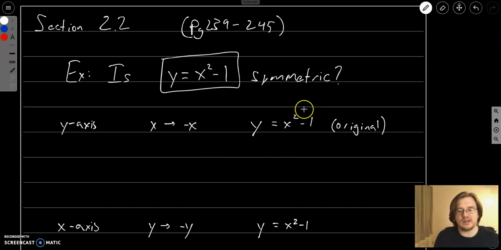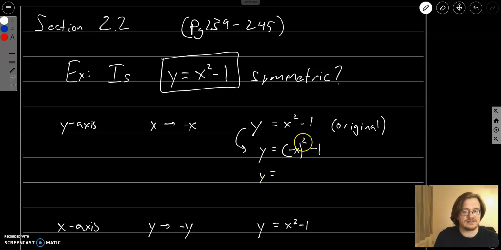So what we'll do is take our equation and replace x with negative x. Nothing happens to the y. X becomes a negative x. So instead of x squared, I've got negative x quantity squared minus 1. And here, again, the y doesn't change.